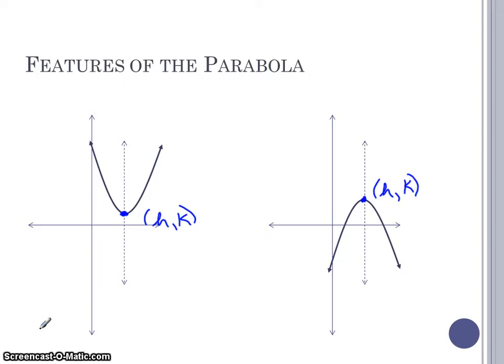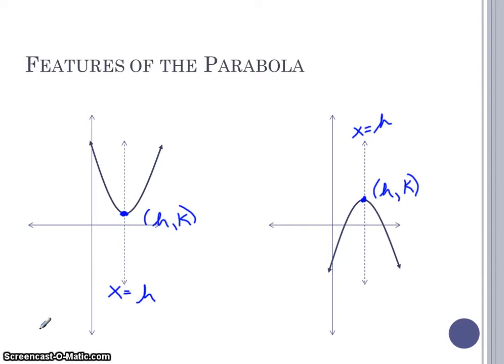And what would the equation for that line be? x equals a number. Isn't it h? It would be x equals h, because it's going to go through our vertex, so it's got to be x equals whatever the x coordinate of the vertex is.